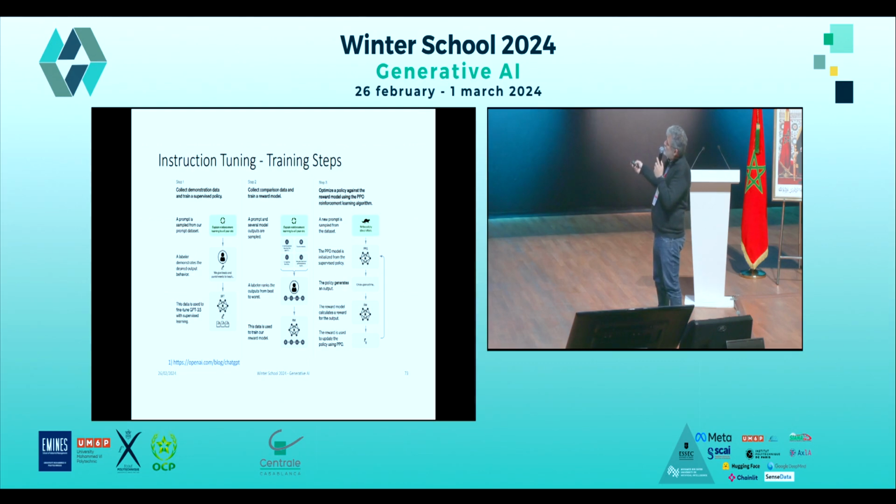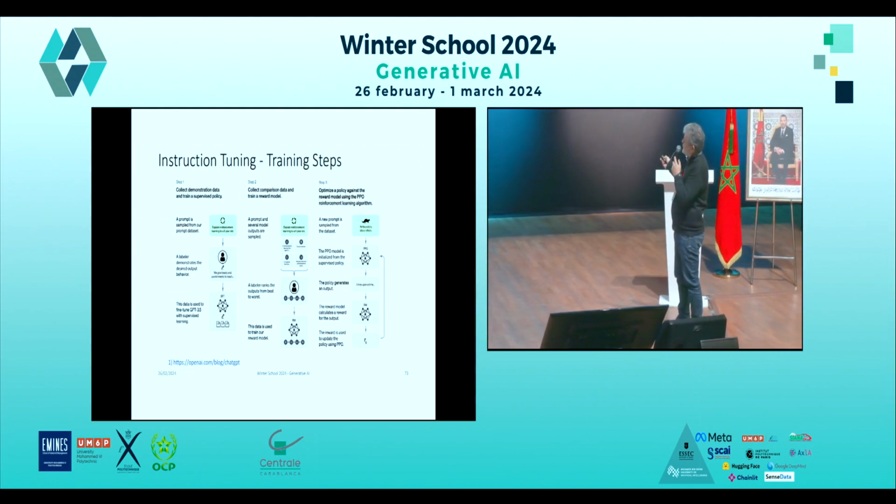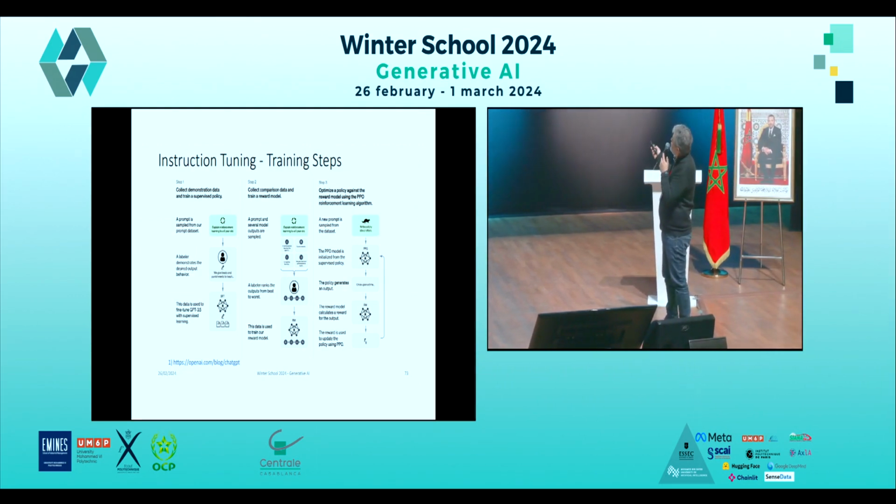So these 2 models are used then at the third step, which is the optimization of the LLM based on the human feedback via a PPO policy, proximal policy optimization, that is essentially initialized by the supervised one.